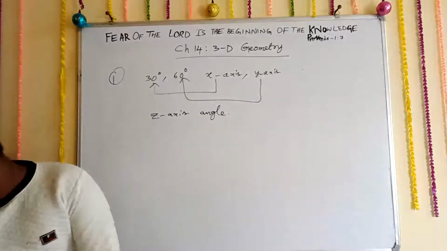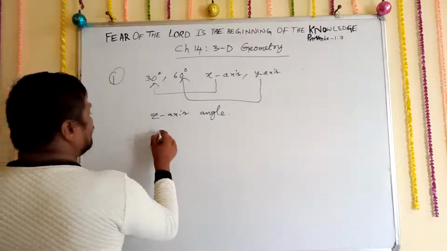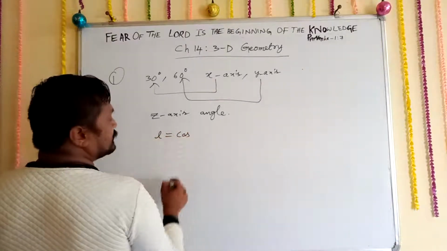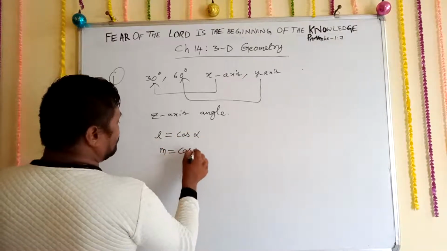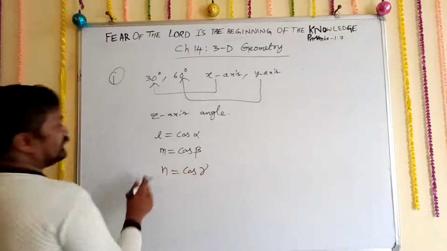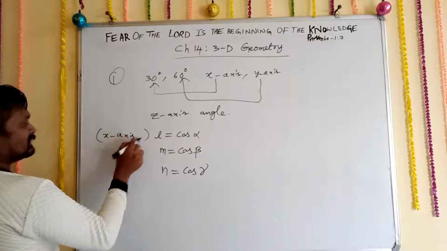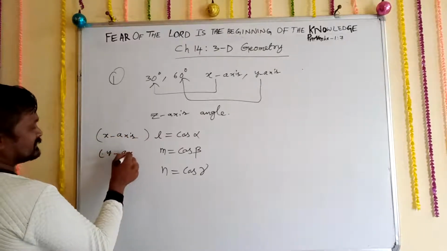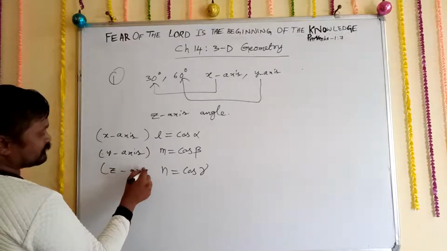You already know that L is equal to cos alpha, M is equal to cos beta, N is equal to cos gamma. Here, this is for x-axis, this is for y-axis, this is for z-axis.